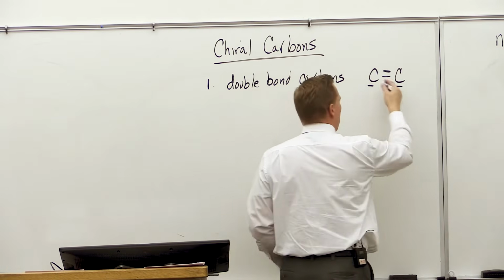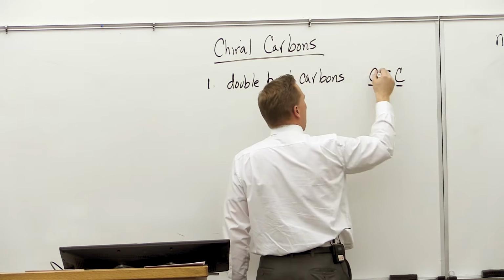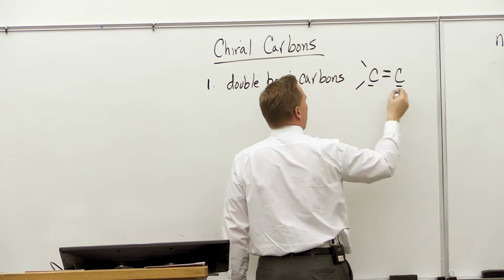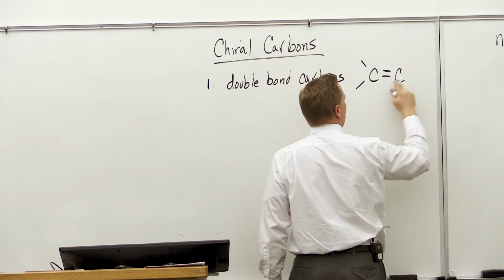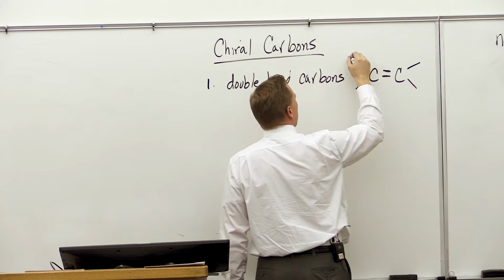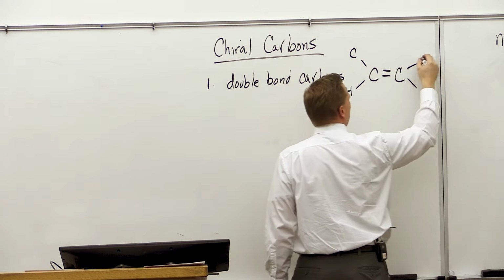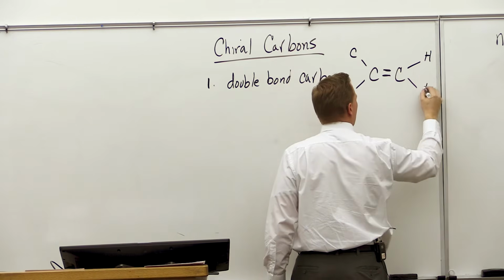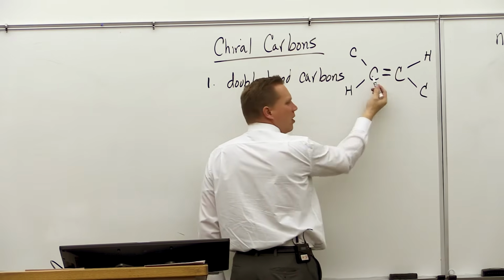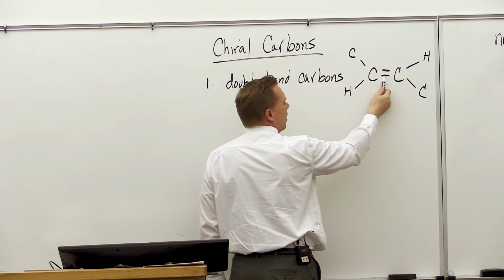Now, when we draw it like this, the double bonded carbons actually start to form a structure. They form what's called sp2 hybrid orbitals. And so here's two. Remember, each carbon has 4 bonds. Here's 2 of the bonds in the double bond.